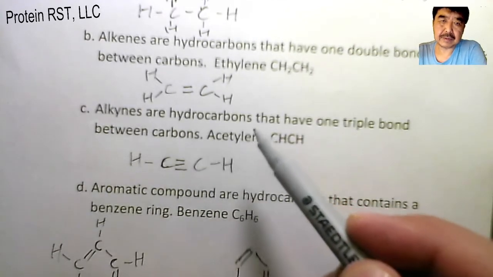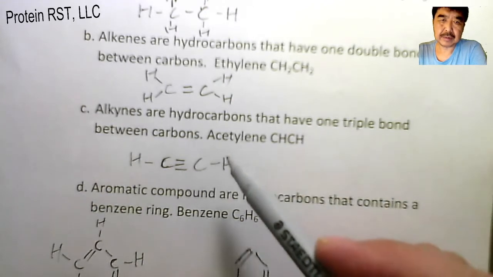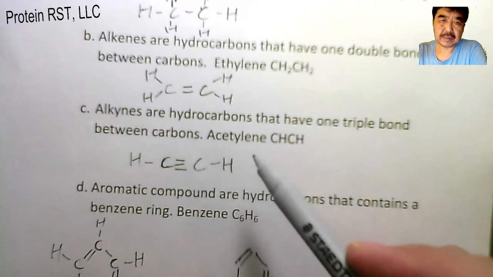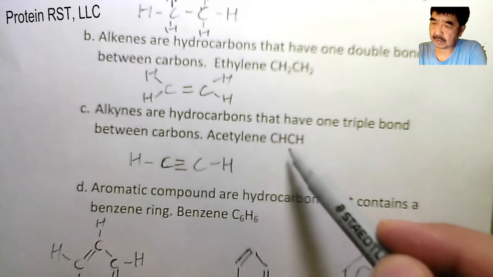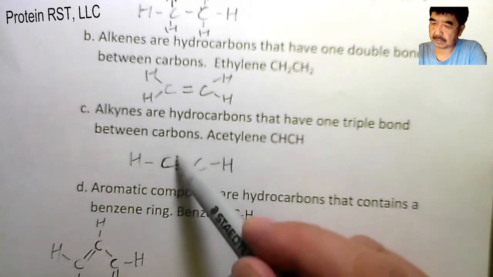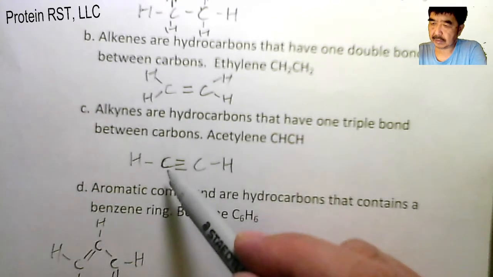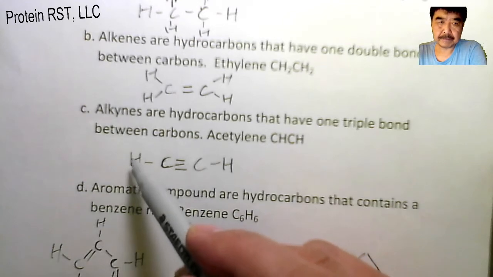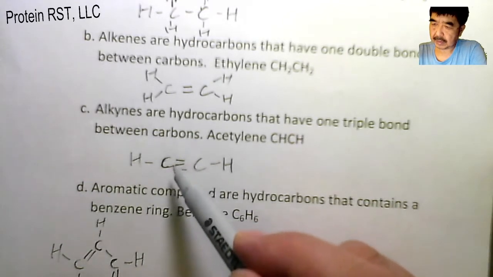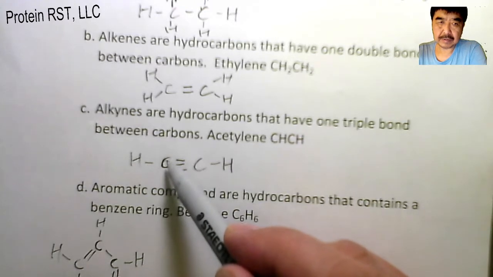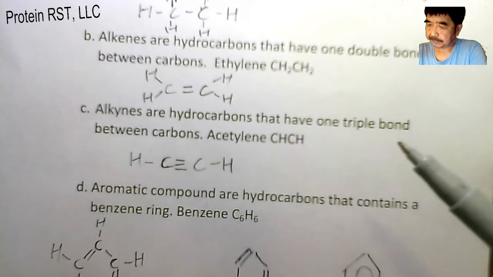Alkynes are hydrocarbons that have a triple bond between carbons. The example is acetylene. Acetylene has 2 carbons and 2 hydrogens. The triple bond is between two carbons, and each carbon is also bound to one hydrogen, and the total bonds the carbon atom forms is 4: 1, 2, 3, 4.